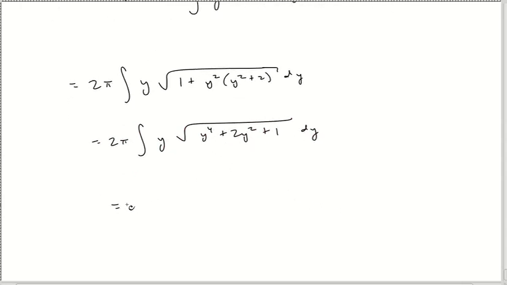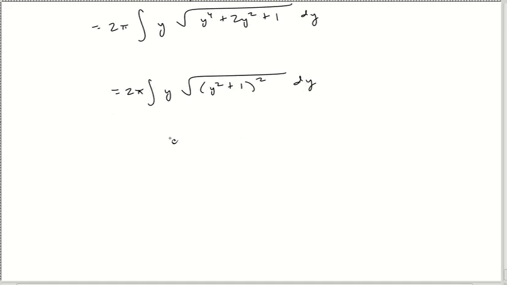I could factor that. So I got y squared plus 1, all squared. Square root and square cancel one another. They do this stuff on purpose, by the way. It makes it easier on us, and that's a good thing.